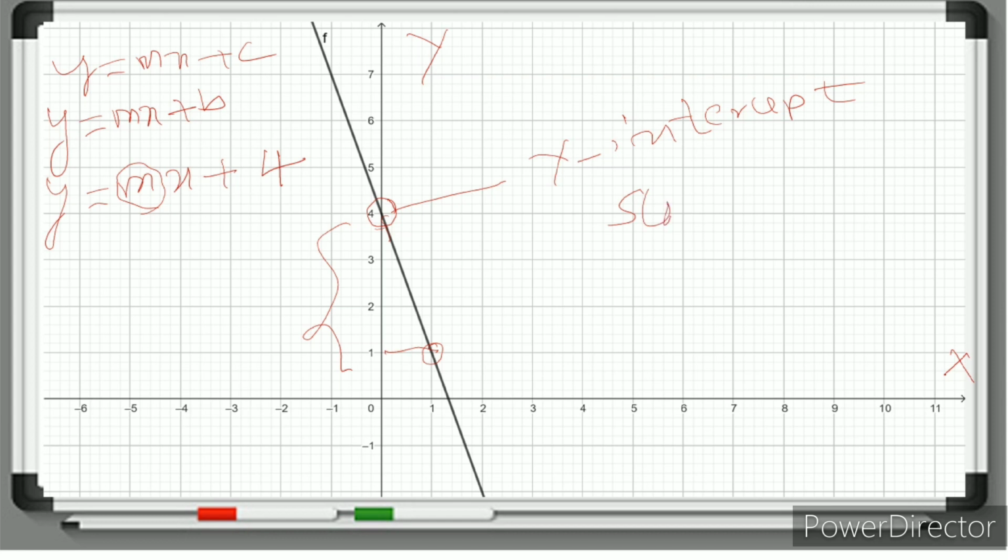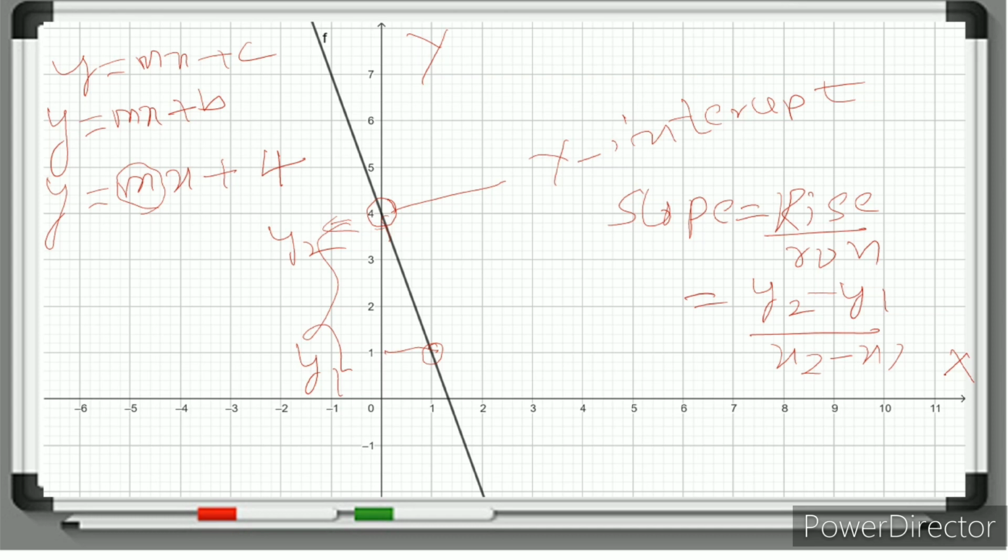Slope we can find like this also, boys. Slope is equal to rise over run. What is rise? It's nothing but y2 minus y1, and what is run? x2 minus x1. So here y2 will be 4 and y1 will be 1. So we move how many steps? 1, 2, 3.